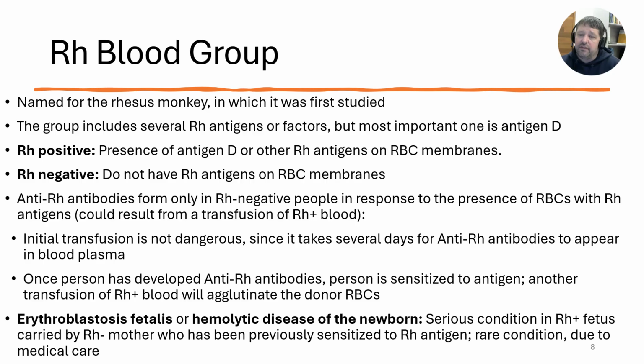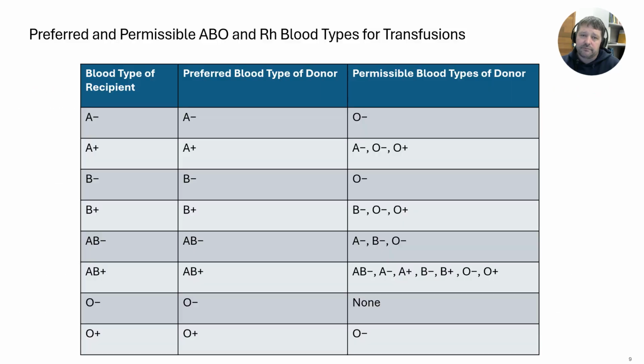Okay, and that can cause some complications. In fact, it can mean that the mother's immune system attacks the baby while in the womb. Okay, and so we'll look at a picture form of this here in a second.